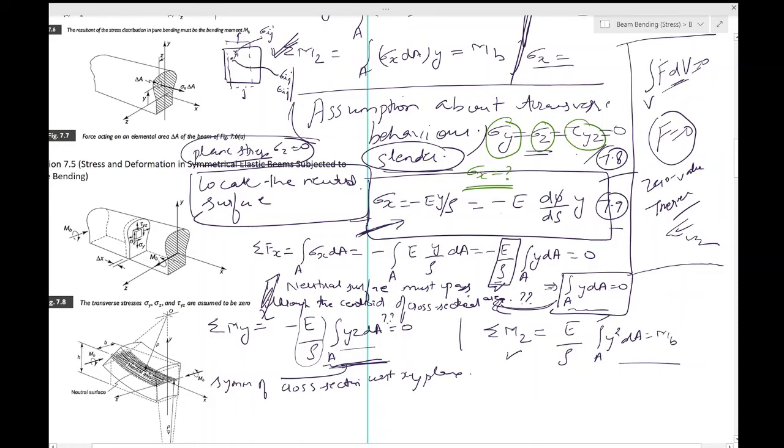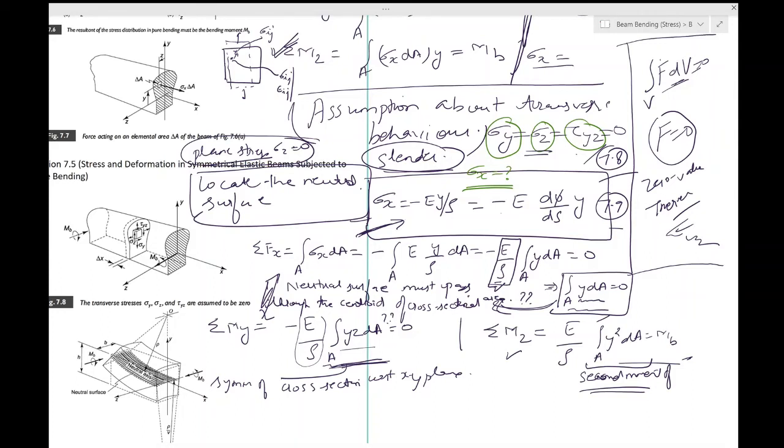So coming back to this equation, the integral on the right in 7.12 is called the second moment of the beam cross-sectional area, just like this was the first moment of beam cross-sectional area. It is also called the moment of inertia of the area about the neutral axis.